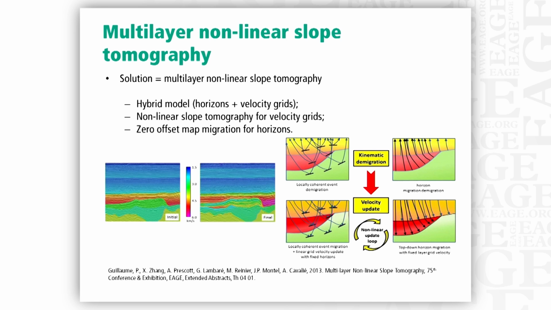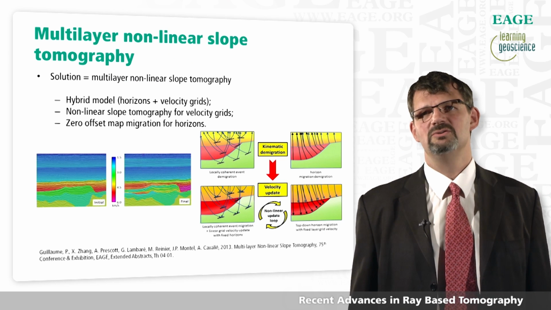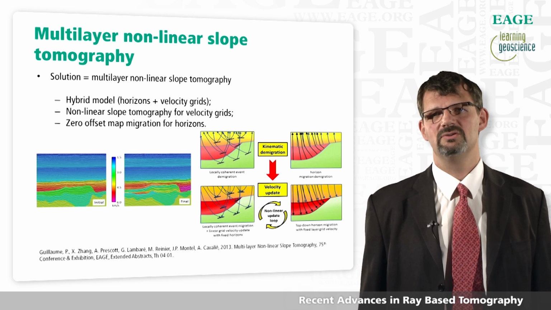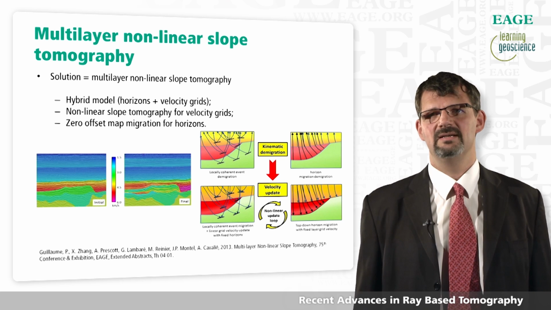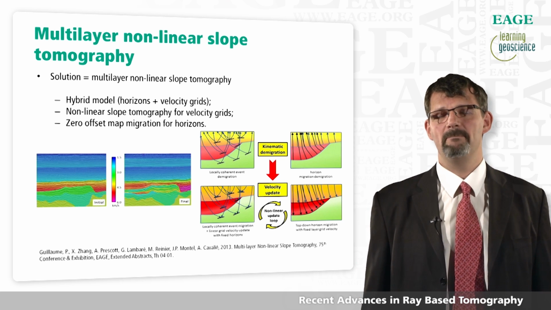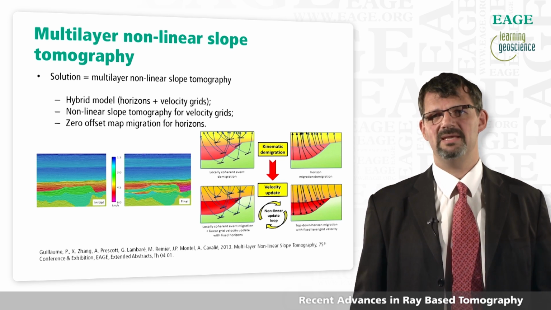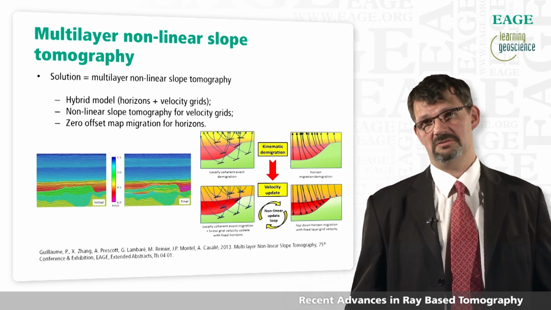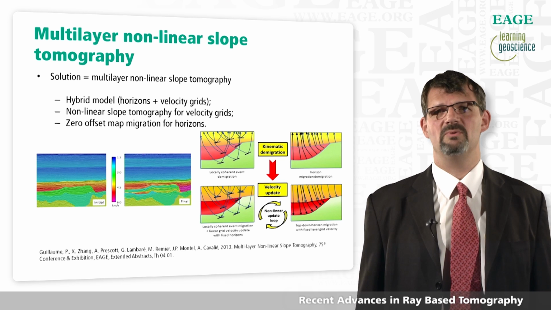You have on the right the two components, the two types of data in this approach. On the right, the locally coherent events, picked with depth, picked with RMO, and they are demigrated as done by nonlinear slope tomography.